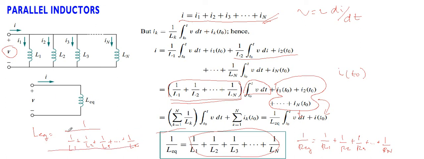And now, let's summarize, let's compare series resistor, series inductor, tsaka series capacitor, and so on and so forth. So, we have this one. So, we have for resistor, ang series nila, we have this one.